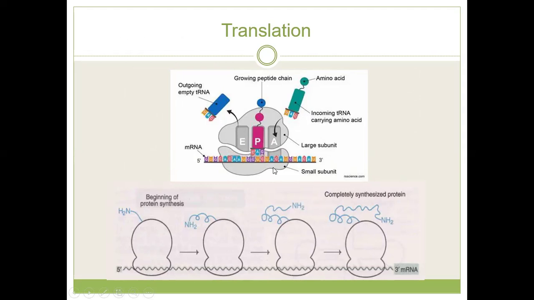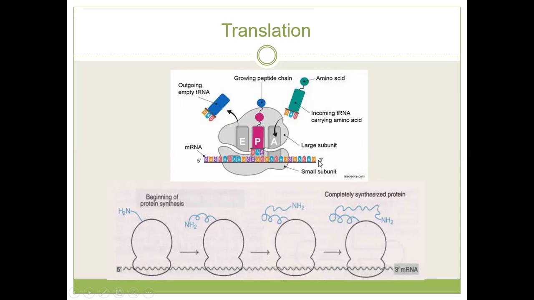So this part is the ribosomal RNA. You can see the ribosomal RNA is 2 subunits: a small subunit and a bigger subunit. This one and this one form the ribosomal RNA. In the ribosomal RNA, you have the messenger RNA attached to itself.